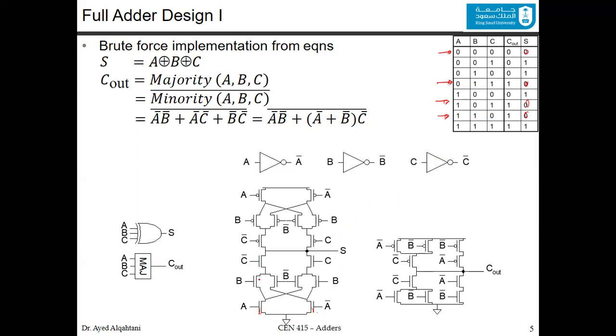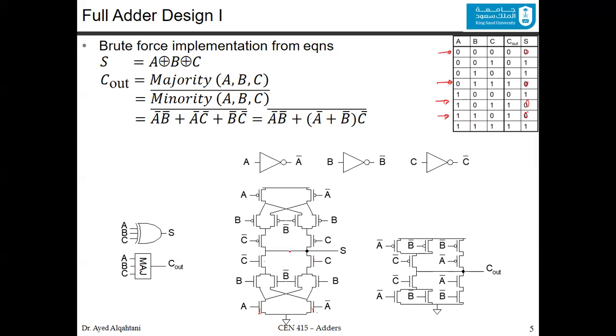So you have A, B, and C bar. And notice that we are sharing the transistors, because for these min terms, you're supposed to have 1, 2, 3, 4, 5, 6, 7, 8, 9, 10, 11, 12, 12 transistors in the pull down. But when you count here, you'll find only 8. So actually, we share some transistors to reduce the number of them in the pull down.